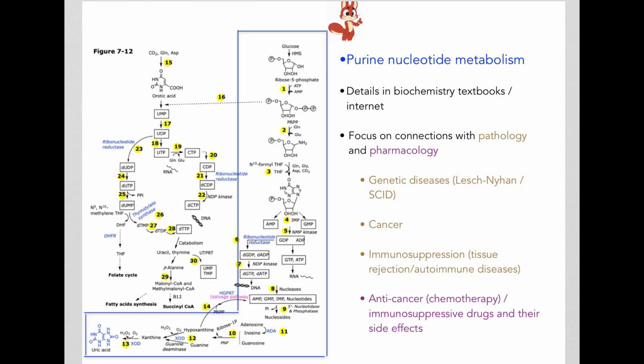We'll see how purine nucleotide metabolism is associated with genetic diseases such as Lesch-Nyhan syndrome and SCID, how it is associated with cancer, with immunosuppression, and with a disease called gout, as well as how it is important for chemotherapy drugs and immunosuppressive drugs.